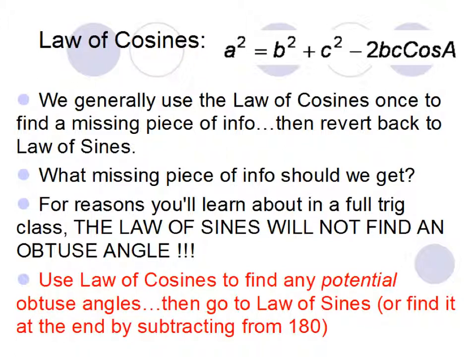And that's something you'll have to learn more about in a full trig class, but keep in mind that we're going to want to use the law of cosines to find obtuse angles, not the law of sines. Another option would be just to wait till the end and find that obtuse angle by subtracting from 180. We'll look at some examples and I'll tell you what we're looking for here.